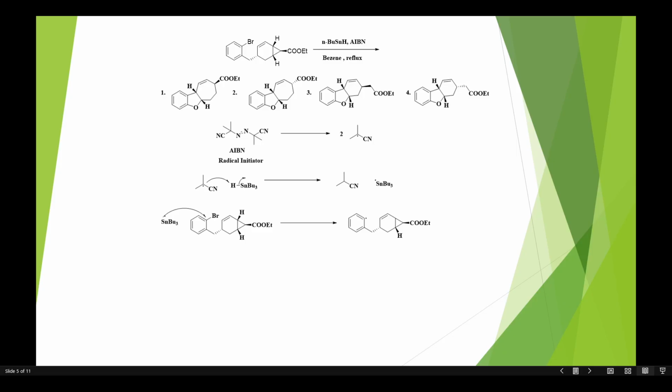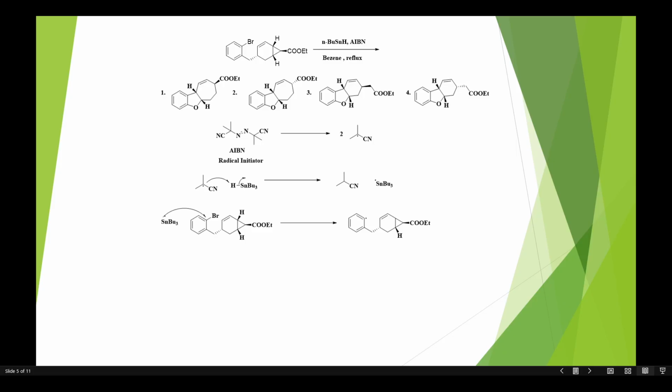We'll get our corresponding radical. Then it will attack the cyclopropane. Is it possible? Yeah, that will open. But first, what actually happens is that it will attack our alkene.